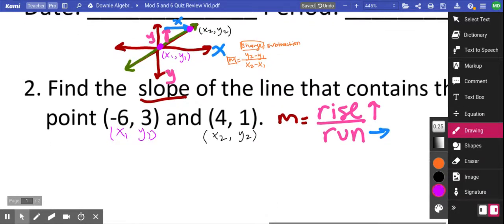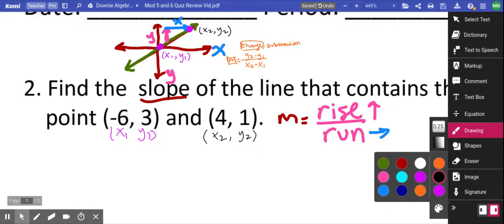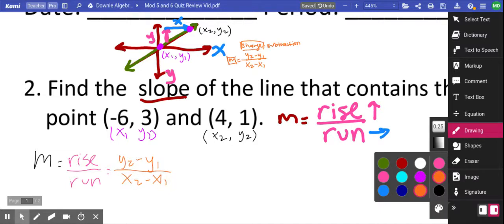What we're going to do, we're going to plug this into our slope equation, which was equal to our rise over run. We also found that this was our y2 minus y1 divided by x2 minus x1.